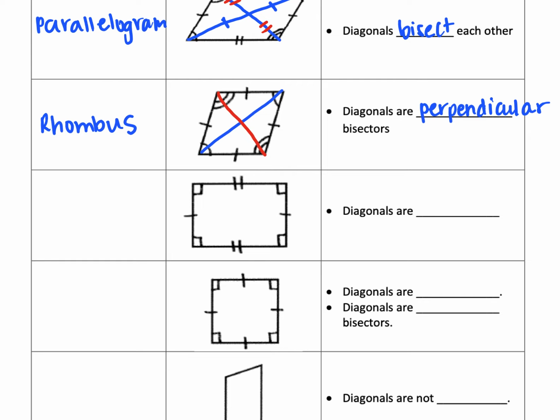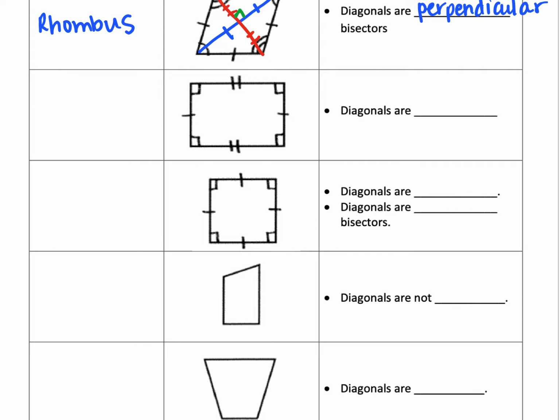But the cool thing about these bisectors is that not only are they cutting each other in half like this, like we just saw in the parallelogram, but they're going to be intersecting at a right angle. So these two lines, when they cross, are making a 90-degree angle here. And remember, we said perpendicular just means that two lines are intersecting at a 90-degree angle. So when the bisectors intersect at 90 degrees, they're perpendicular bisectors.